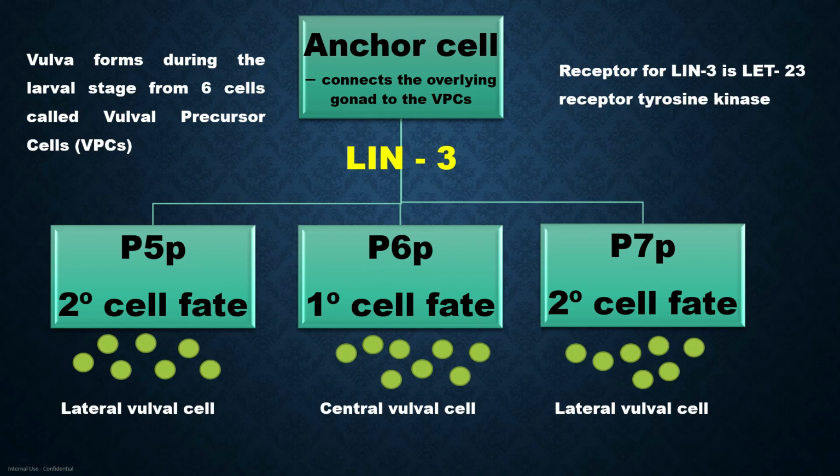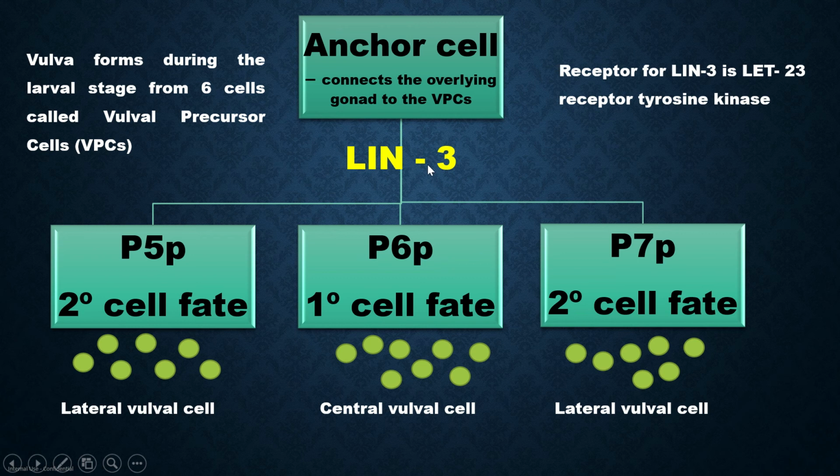Look at this. Here you can see the anchor cell, and the proximity of the vulval precursor cells to the anchor cell will decide which fate will be assumed by which cell. Here you can see P6.p is at the closest proximity to the anchor cell.